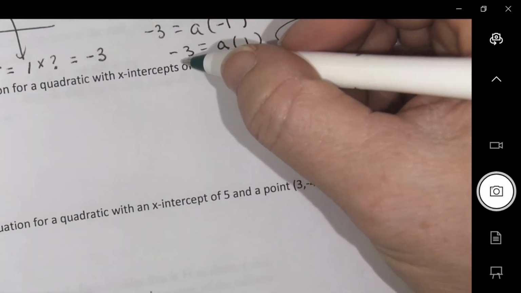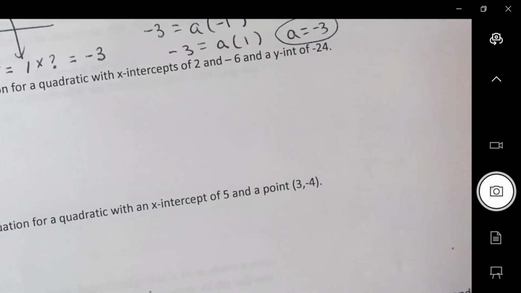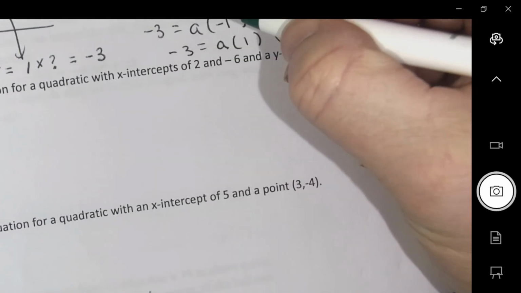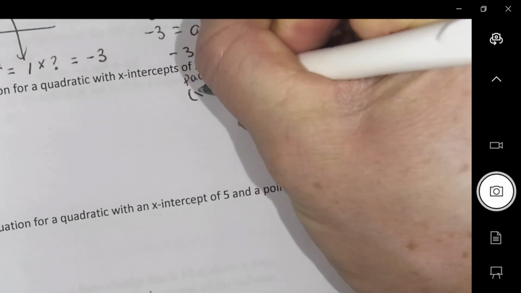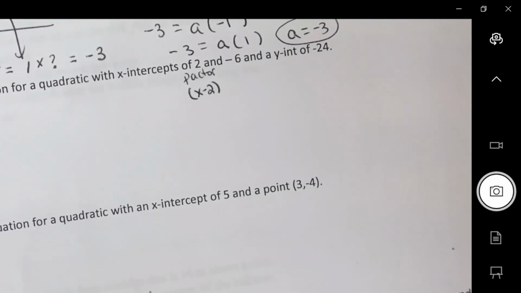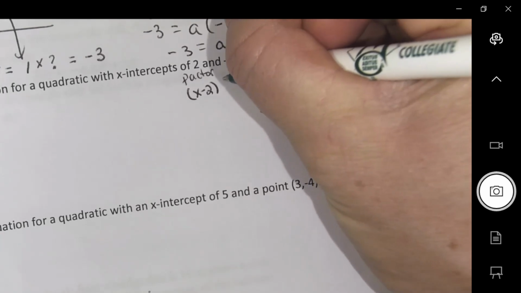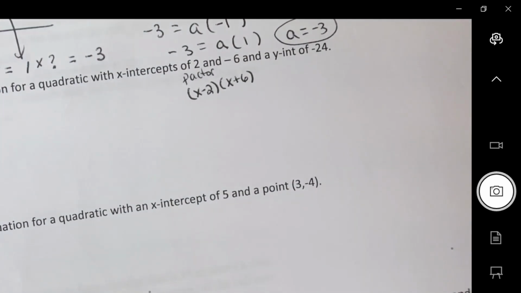So for instance, if you ever had an x-intercept of 2, do you understand it would have a factor of x minus 2? Because you just did this. You just factored for me. And this would have been an x plus 6. Those would have been the factors.